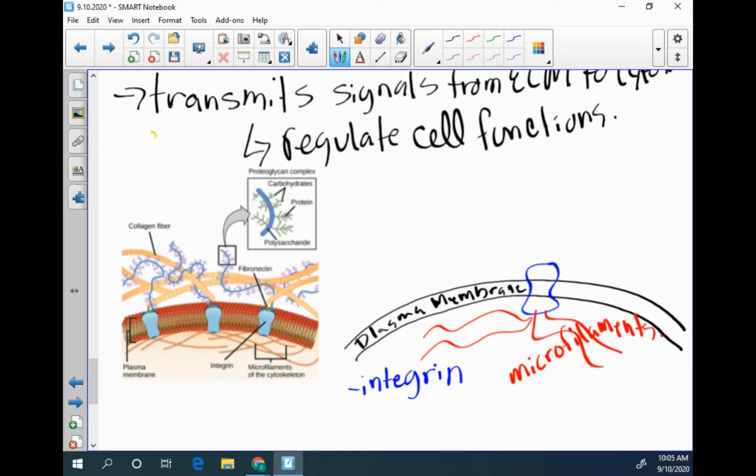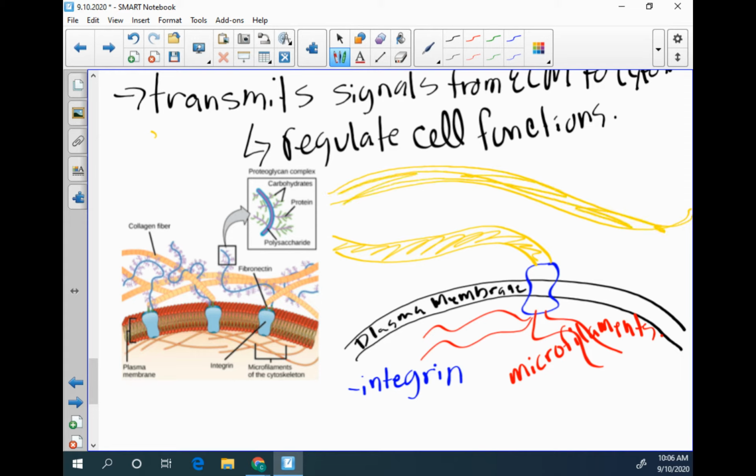So, we've got our collagen. They just kind of float everywhere. I'll do another one just up through here. These guys are everywhere. That's our collagen.